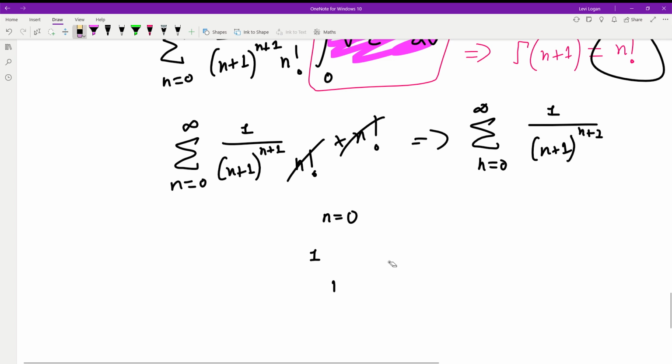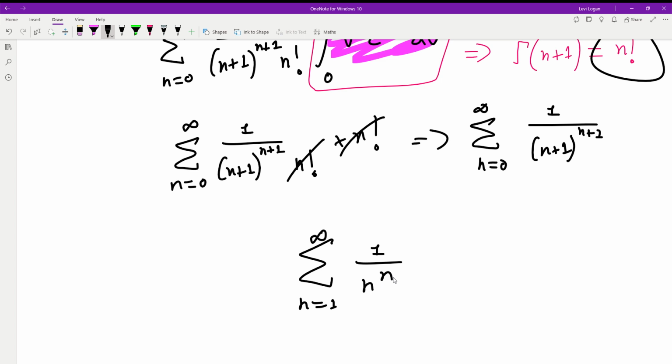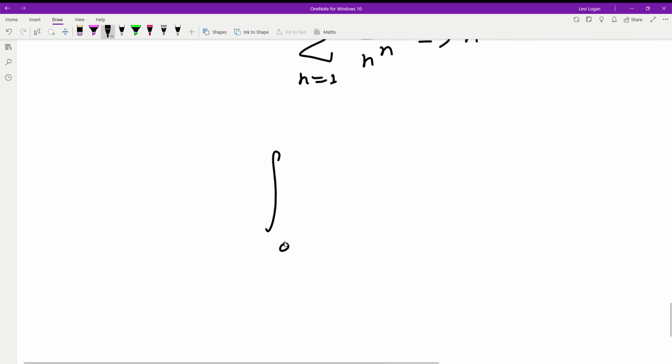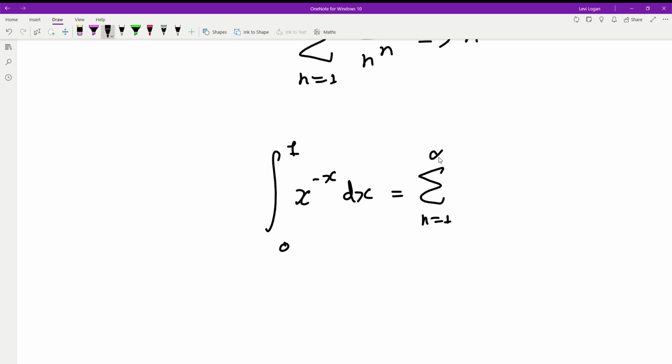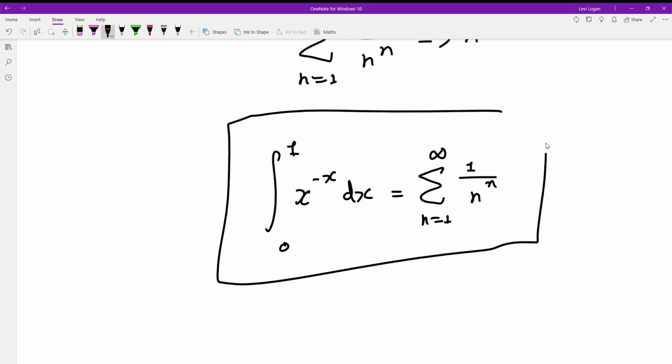If you're changing your index, if we move everything along by 1, then we can rewrite this as the sum of n equals 1 to infinity of 1 on n to the n, or n to the negative n, with that sum involved. So our integral from 0 to 1 of x to the negative x dx is equal to the discrete sum from n equals 1 to infinity of 1 on n to the n. And that is your answer.